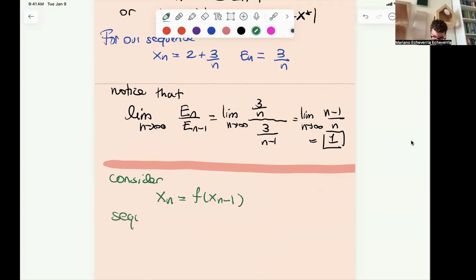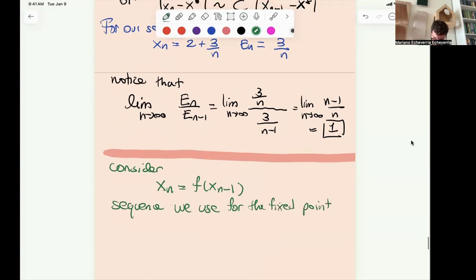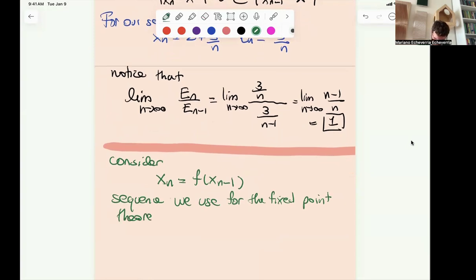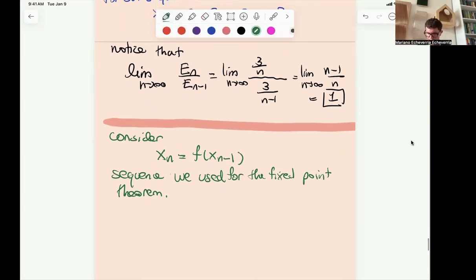This was the sequence we used for the fixed point theorem. My claim for this sequence is that it has this linear convergence of the errors, or of the terms.